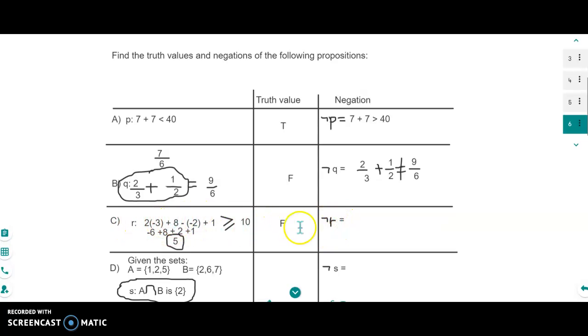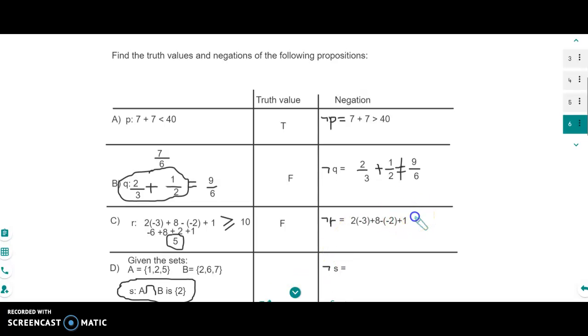So we write the same operation. So we have 2 times minus 3 plus 8 minus 2 plus 1, and that's less than 10, because the opposite to greater or equal to 10, we don't use this sign, this equal, and the opposite of greater is less than, all right?